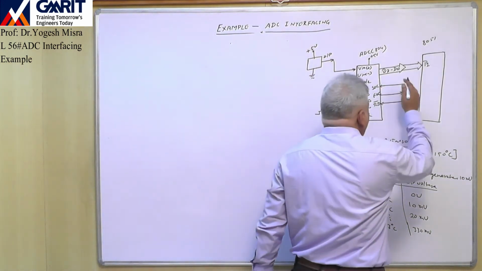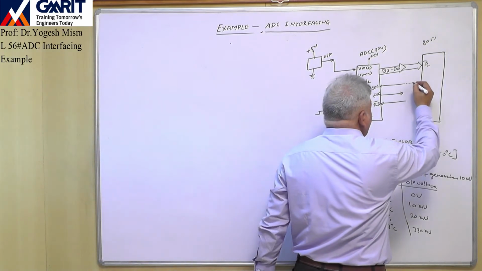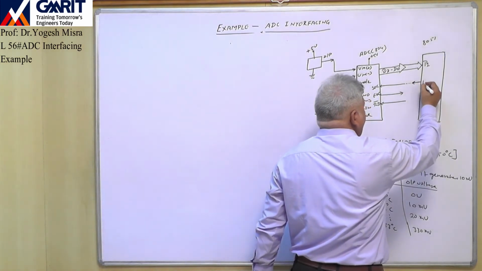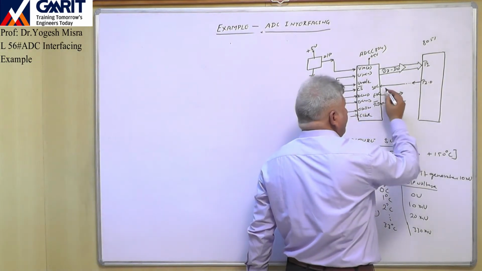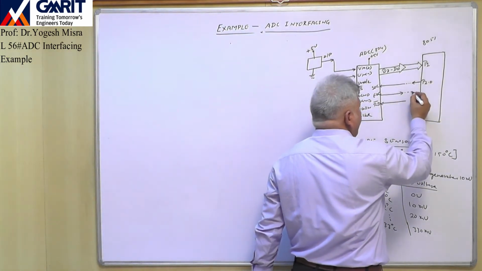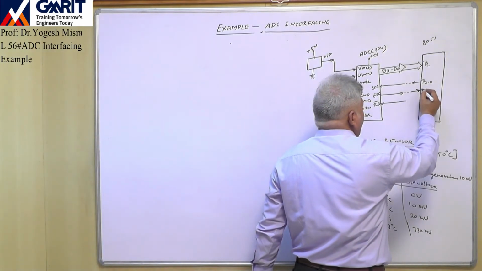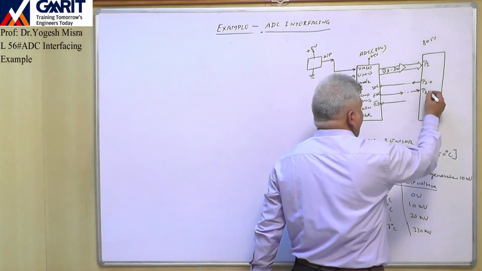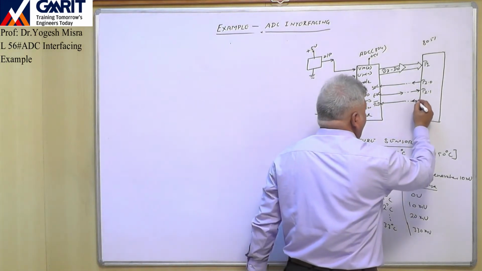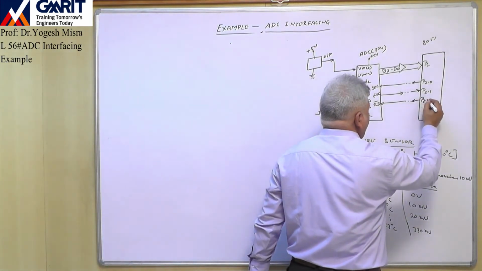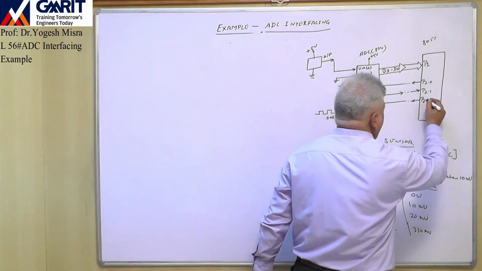The start of conversion pin I will connect to port 2, pin number 0. The end of conversion pin of the ADC I will connect to port 2, pin number 1. And read bar I will connect to port 2, pin number 2.